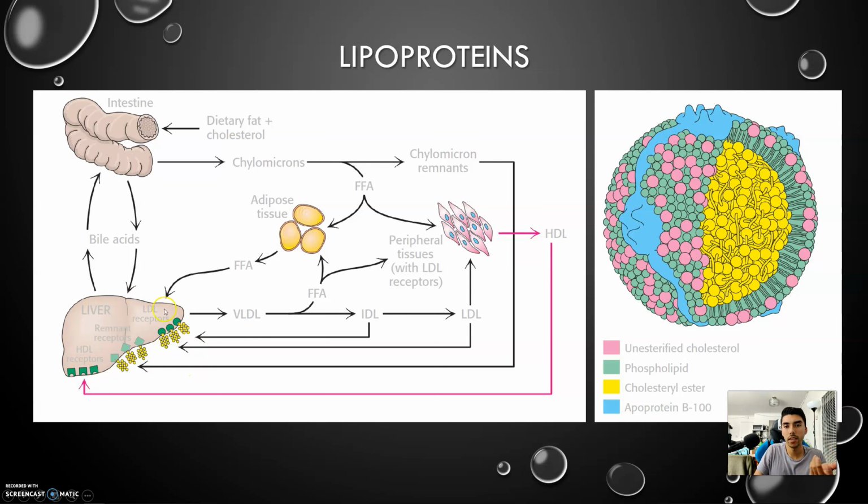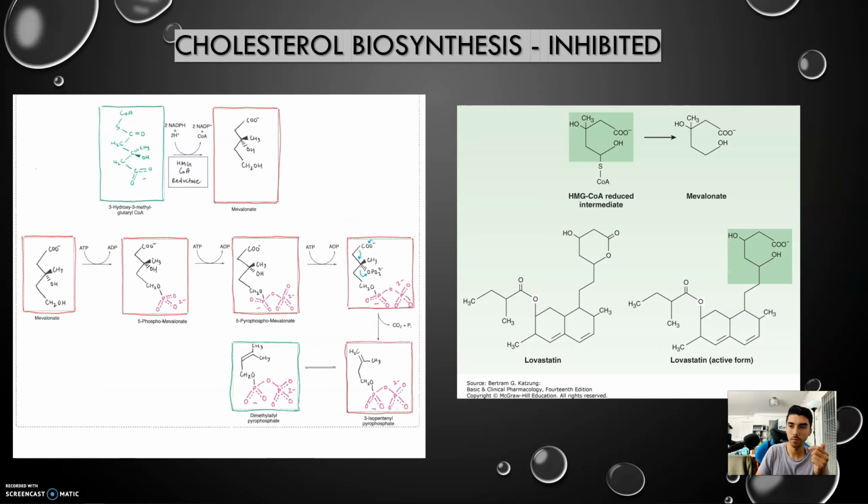If there's less cholesterol being formed, there's less cholesterol being transported out via these lipoproteins, and thus we are preventing cardiovascular disease and atherosclerosis from happening. So in this case, we're looking at lovastatin as a way to mediate this problem.